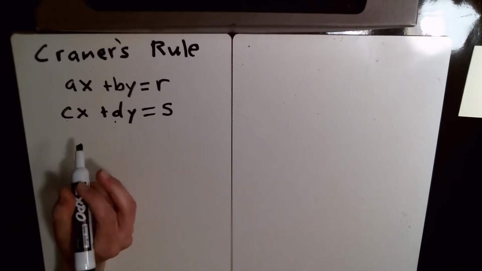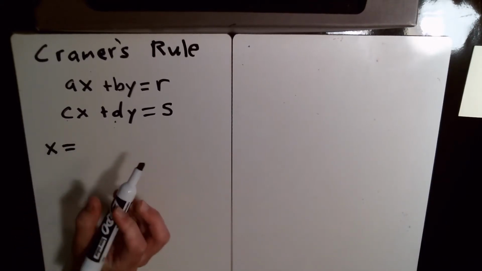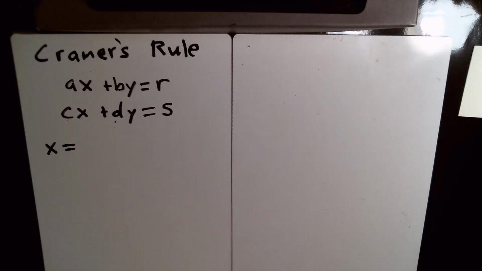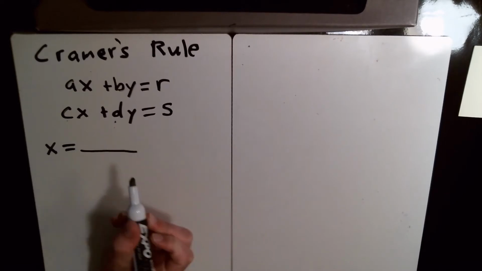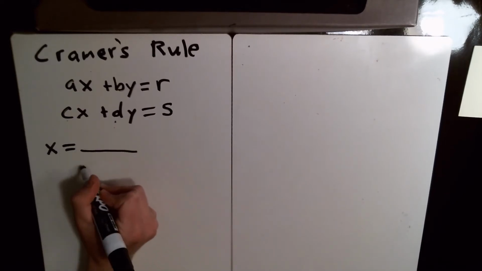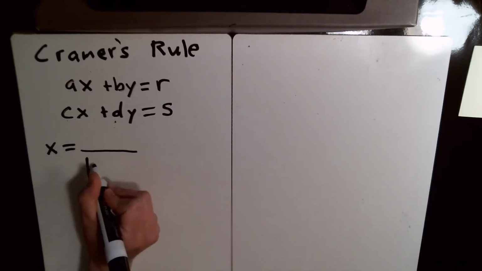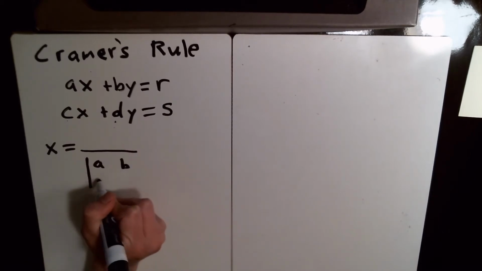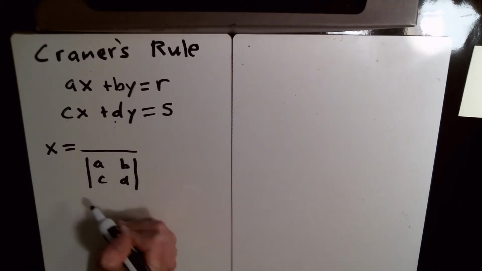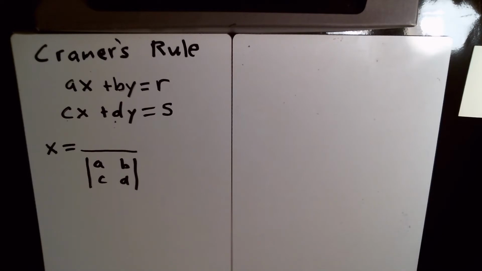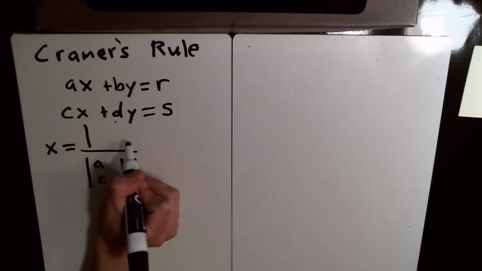But it does work, and essentially it tells you what x is: you are dividing by the determinant of the matrix. You just throw these coefficients in: a, b, c, and d. So divide by that determinant, and then on the top, what you do is another determinant.